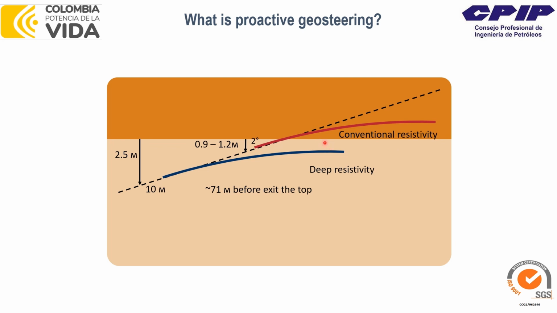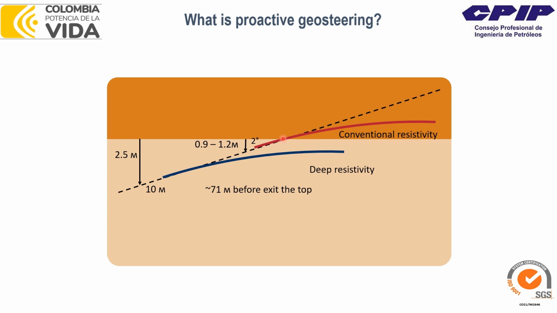Now let's take this deep resistivity tool. As I said, ideally they can see up to 4 or 5 meters, but that's in an ideal environment. Let's take the average one, 2.5 meters. If we're able to see the top at 2.5 meters, and we calculate this distance, that will be 71 meters before exiting the top.